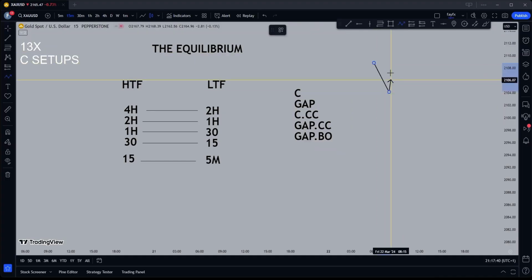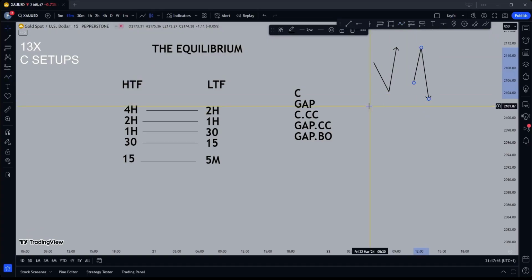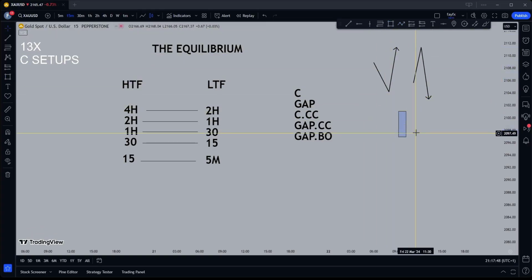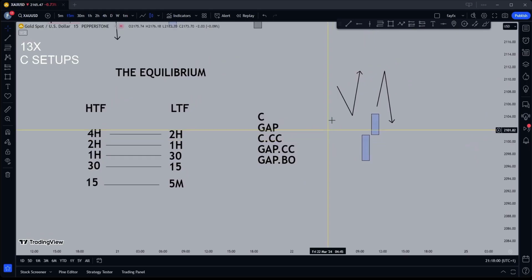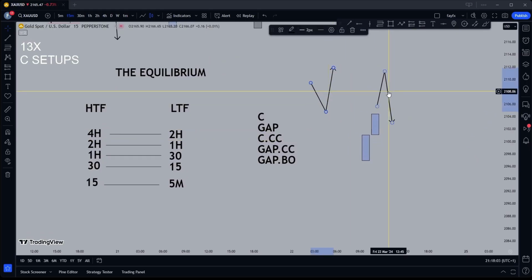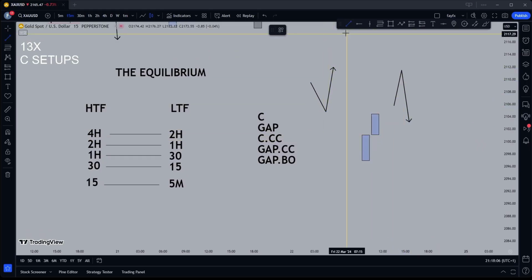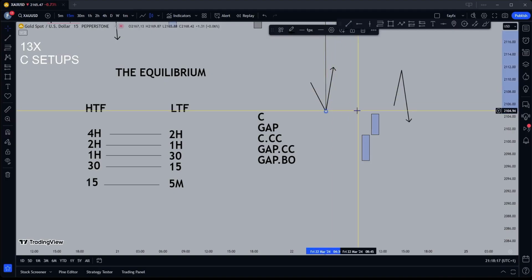For classic level, either V or A. For a gap, this is the gap. We know how to mark it. For a classic CC, actually it is this, like that.